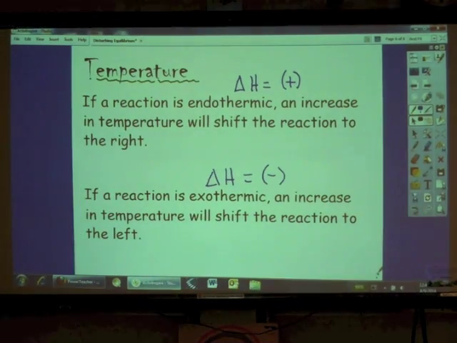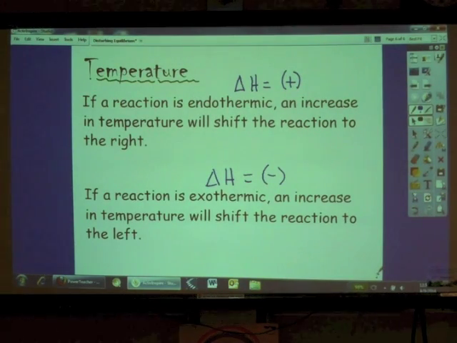I think the easiest way to approach any Le Chatelier's problem is to think to yourself, okay, what is the change that is occurring? And what can the reaction do to reverse that change? How can it counteract that change? Which direction counteracts that change?